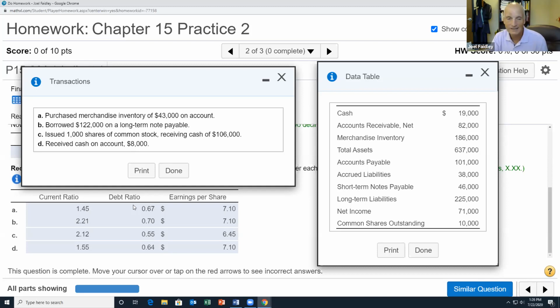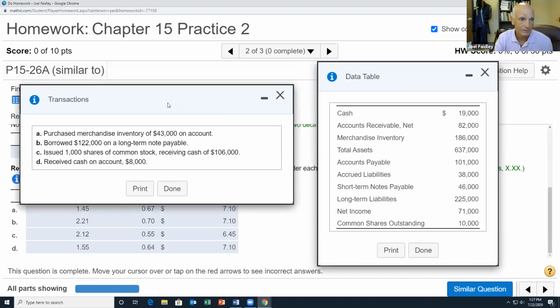We know it's 410,000 divided by 637,000. So we're going to add 43,000 to the top, aren't we? And we're going to add 43,000 to the bottom. So that's going to change a little bit too. So 410 plus 43, so that's 453 divided by 680, leaving out the thousands, is 67 cents or 0.67 ratio. Okay, what does that do to earnings per share? Nothing. Earnings per share stays the same.